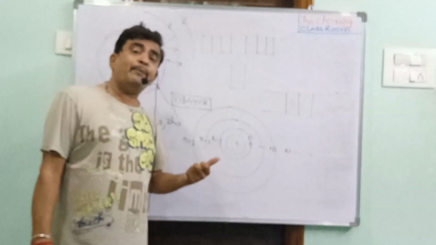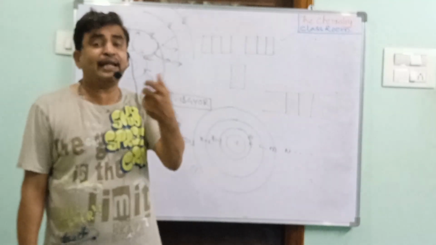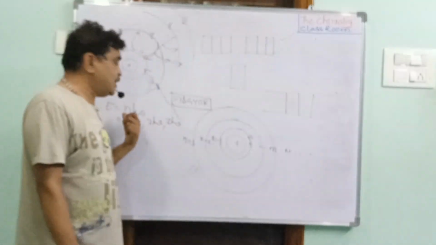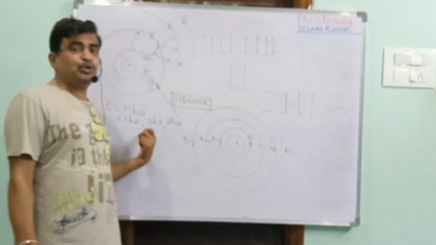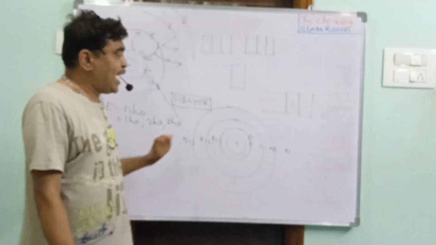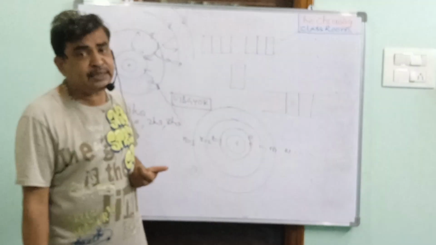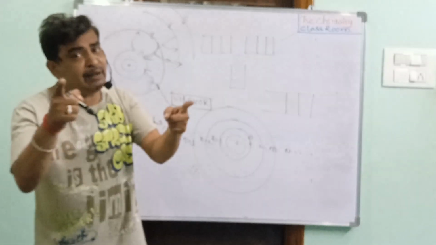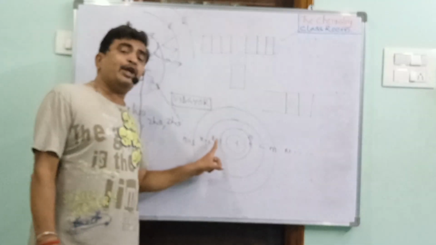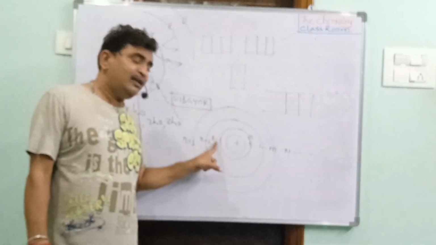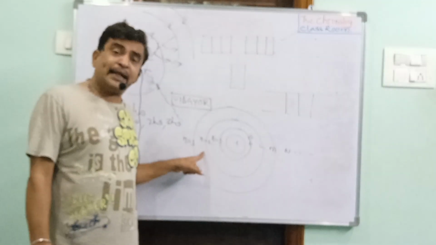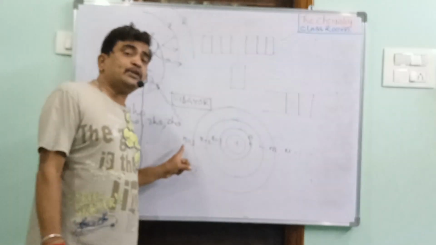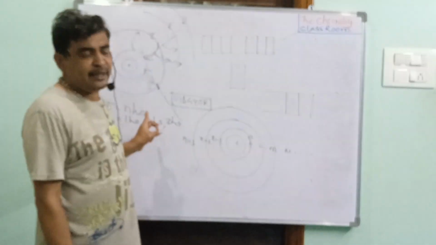In every orbit, it has a fixed amount of energy. That energy is nh, 1h, 2h, 3h. So they have a particular amount of energy. That's why they are also called energy levels. Here n equal to 1 is the first energy level, n equal to 2 the second energy level, n equal to 3 the third energy level, like that.